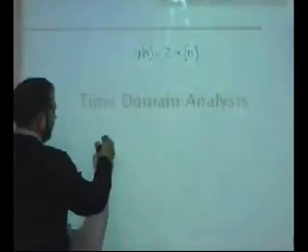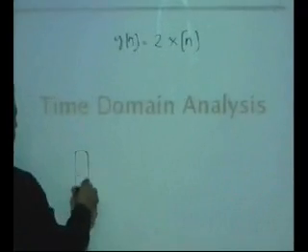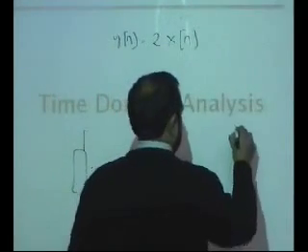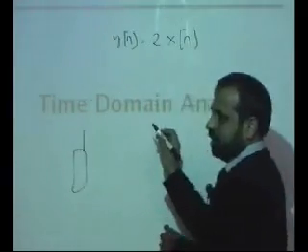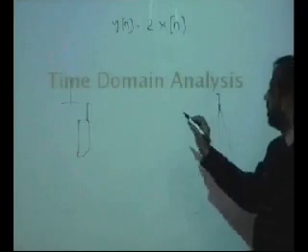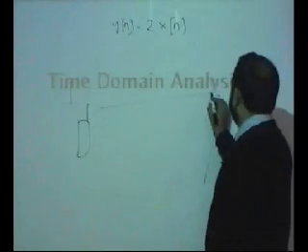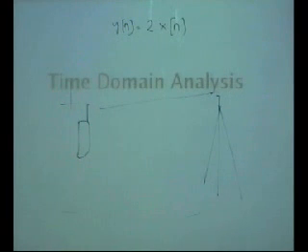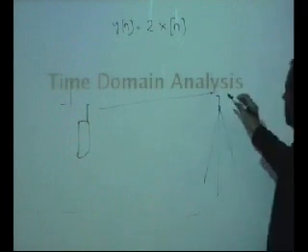An example, I'll keep giving you this example, is your mobile phone and your base station. Your mobile phone is transmitting, let's say, one impulse. This impulse will go and hit the antenna on the base station. So this is a system. What is the system?